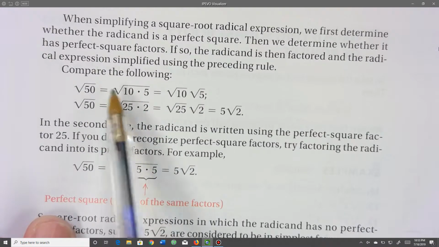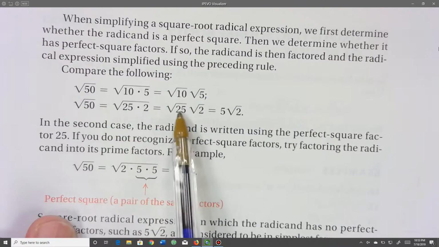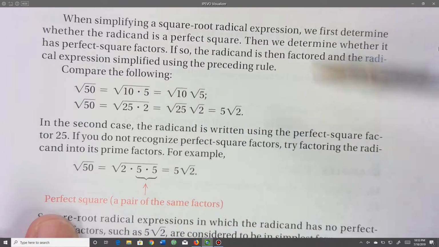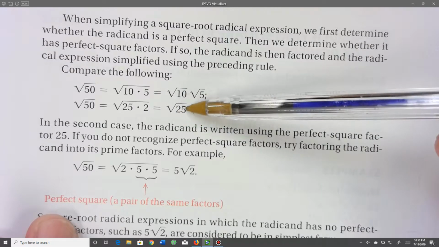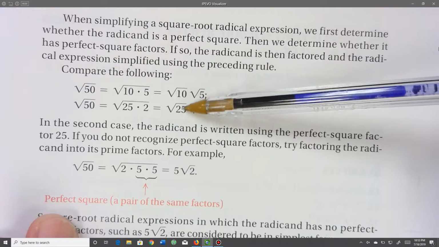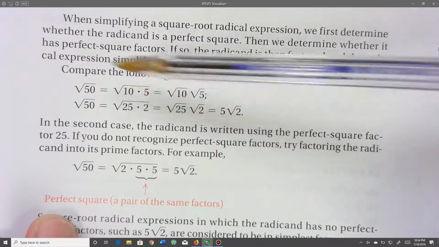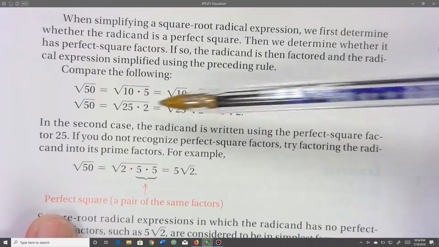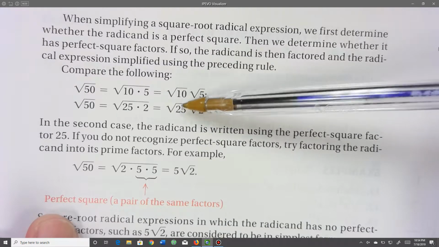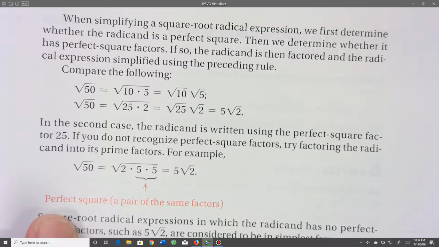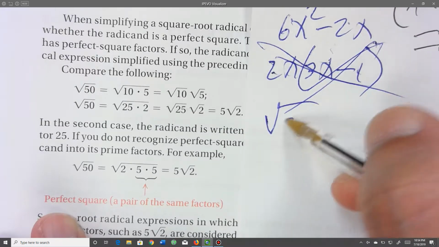Okay. Now notice here, we do the same thing. 25 times 2 is 50. You can rewrite it as this. However, see the difference here? Here we had the square root of 10, and here we had the square root of 25. And 25 is a perfect square. That's why they use this version of the square root of 50 instead of that one, because we want to get perfect squares inside the radical sign, so we can factor it out, so that this here will look something like the square root of 5 squared.